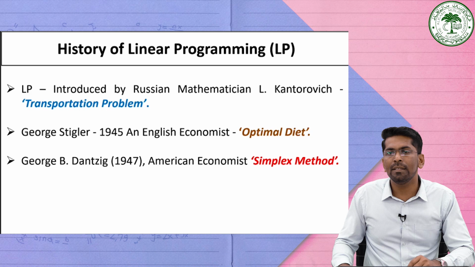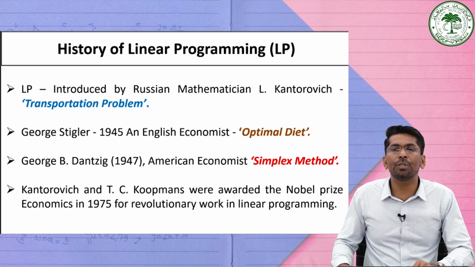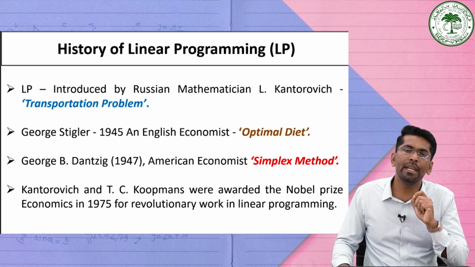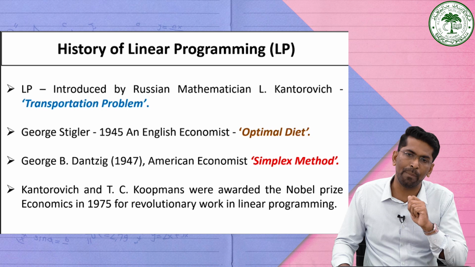After that, Kantorovich and T.C. Koopmans were awarded the Nobel Prize in Economics in 1975 for their revolutionary work in linear programming.